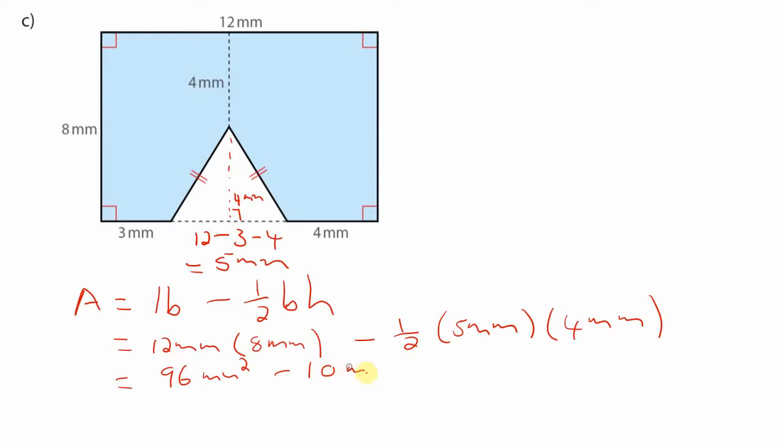So we have to subtract 10 millimeters squared. Millimeter times millimeter is millimeter squared. And now finally 96 millimeter squared minus 10 millimeter squared results in 86 millimeter squared. So there we have our area for the blue shaded portion.